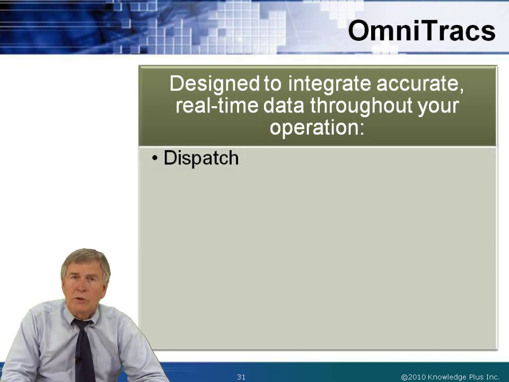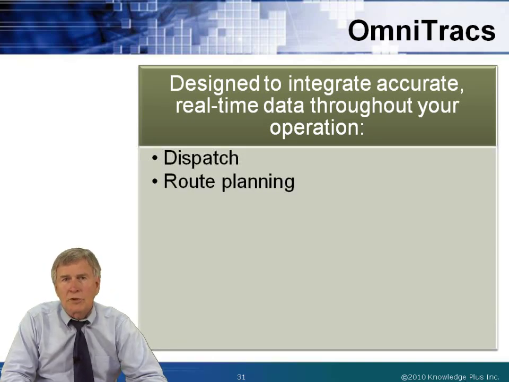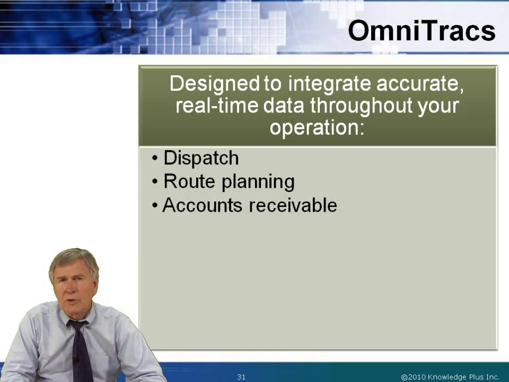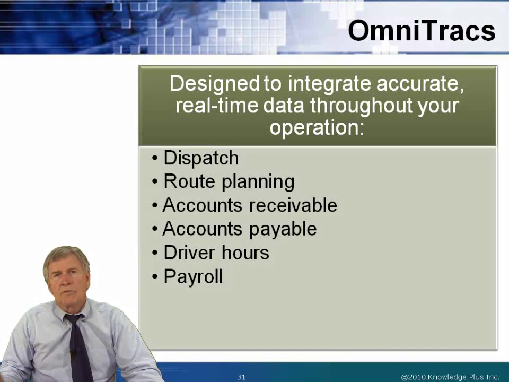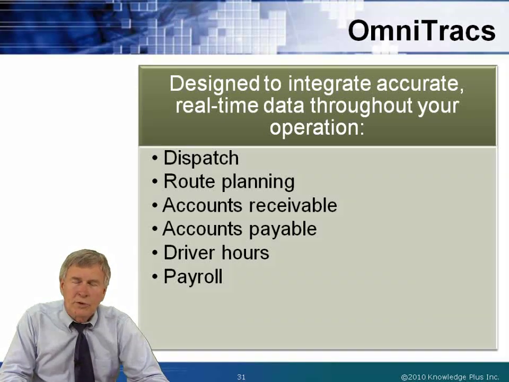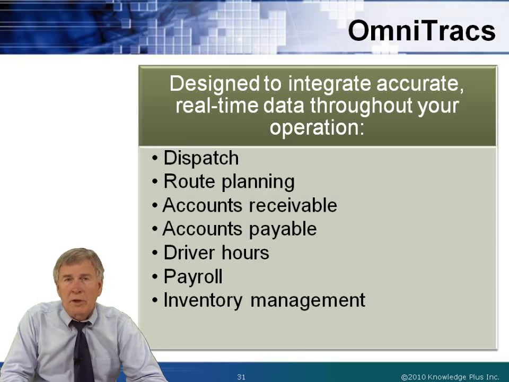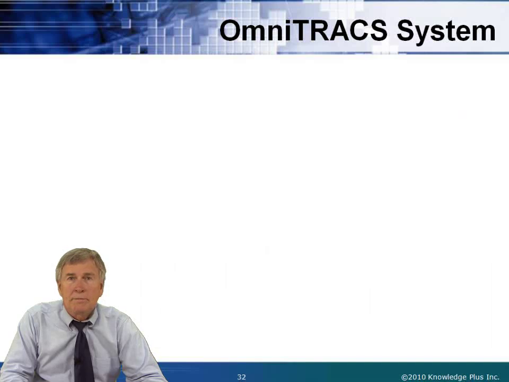Also to include dispatch services, route planning, accounts receivable, accounts payable, driver hours. You can see that this is a very vital service, or appropriate service, to the trucking industry, to handle a lot of business applications while a particular unit is on the road.